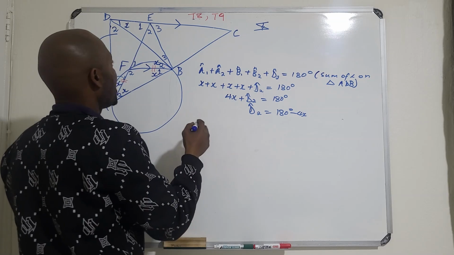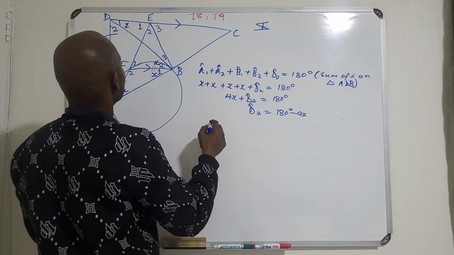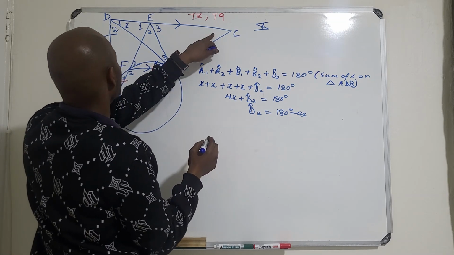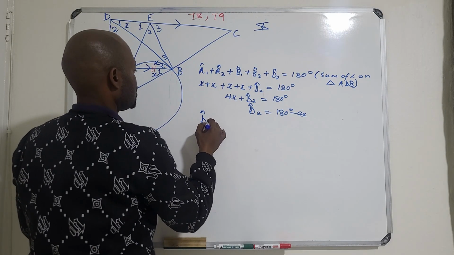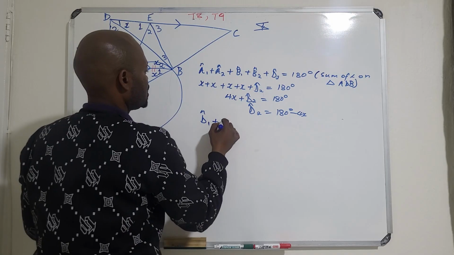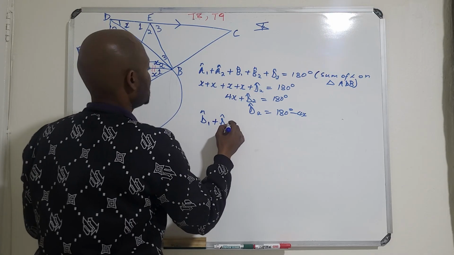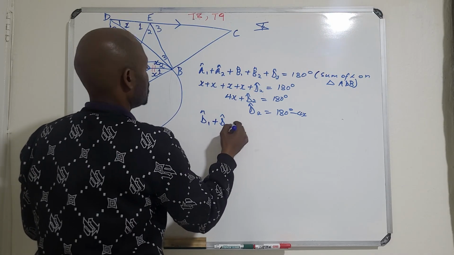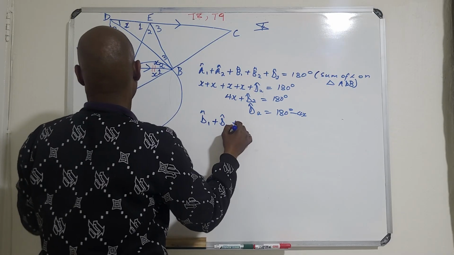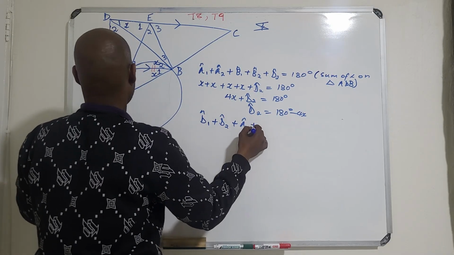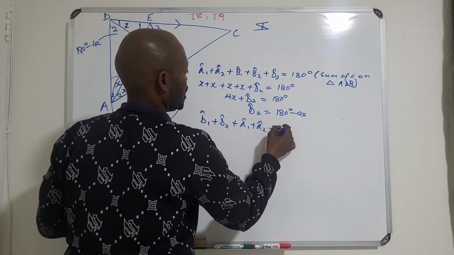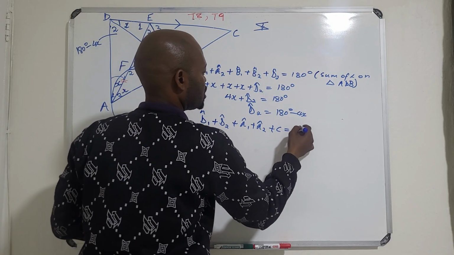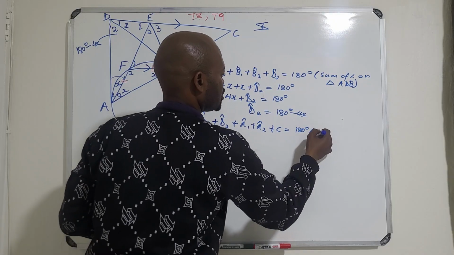Now, we have angle D1 plus angle D2 plus angle A1 plus angle A2 plus angle C is equal to 180 degrees.